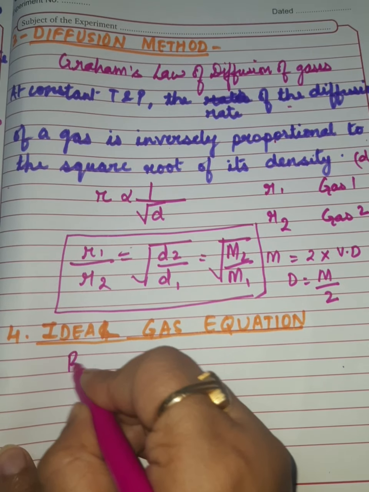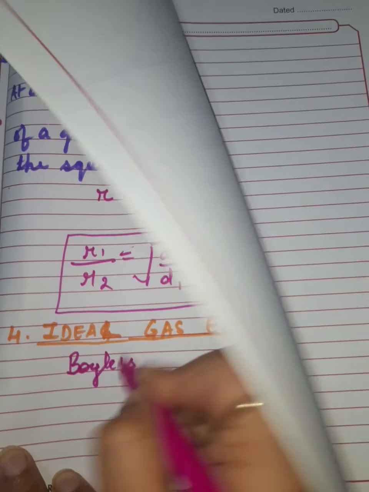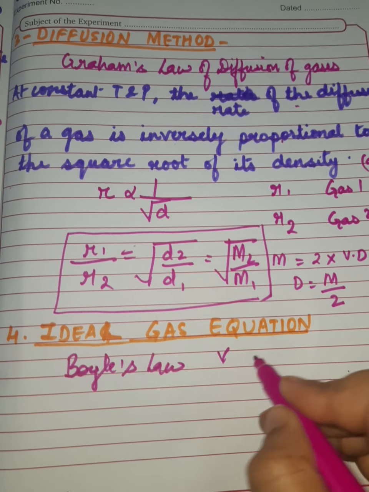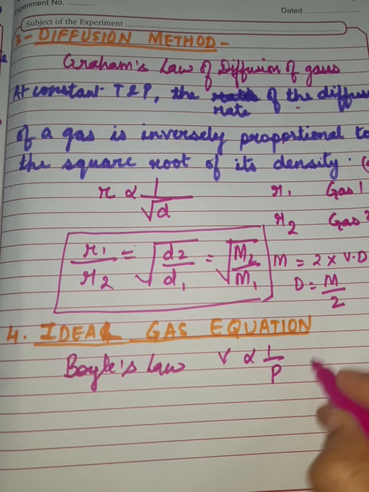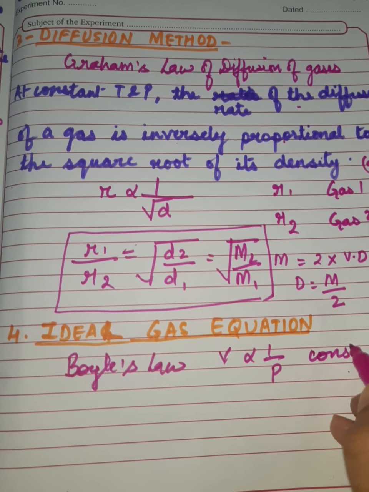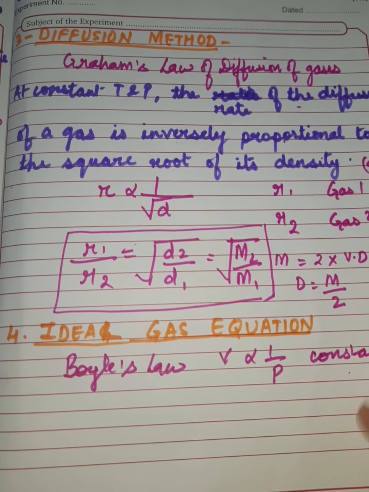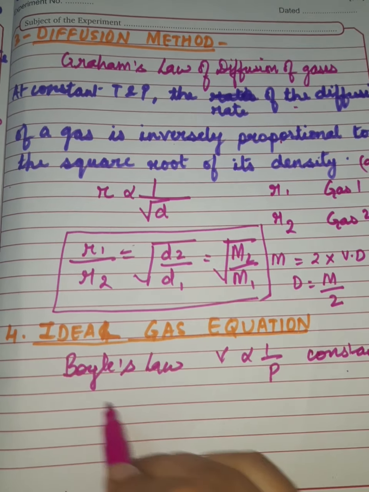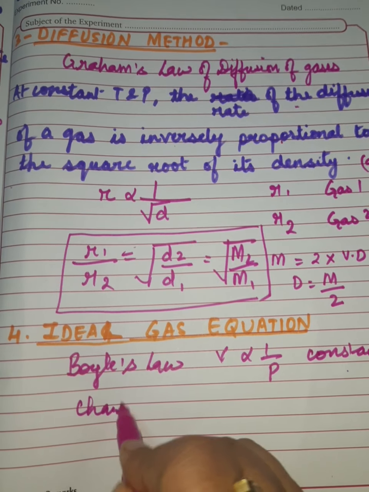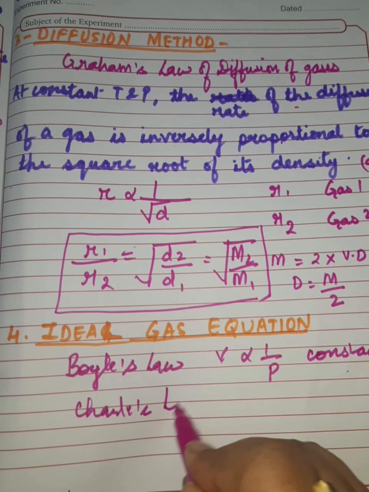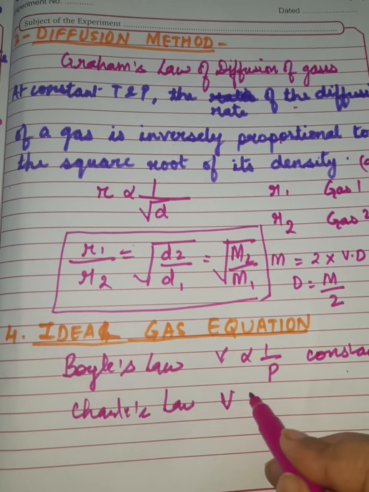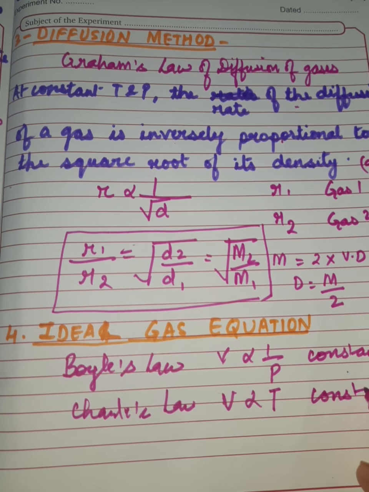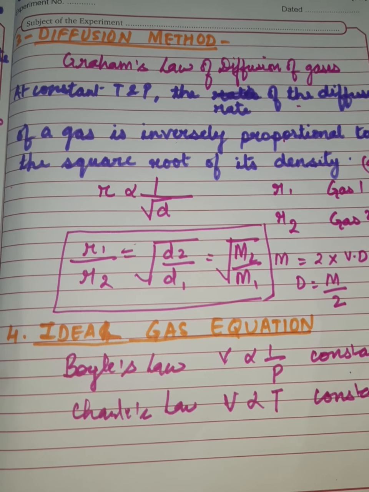According to Boyle's law, if you remember, you studied this in class 9th, volume and pressure are inversely proportional at constant temperature, for the fixed mass of a gas. And Charles' law: for the fixed mass of a gas, its volume is directly proportional to the absolute temperature, provided that the pressure of the gas is constant.